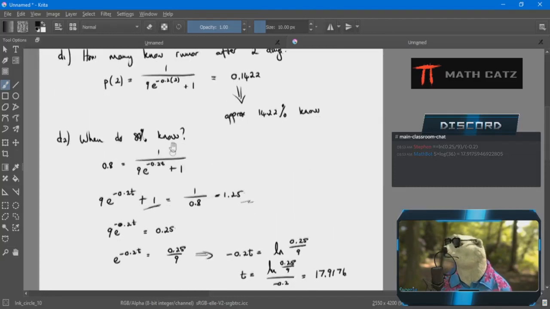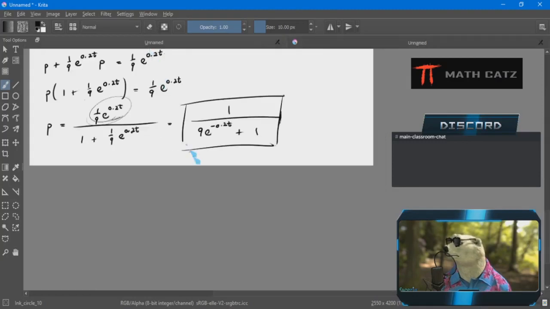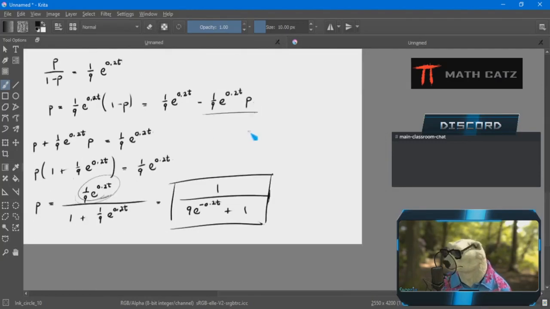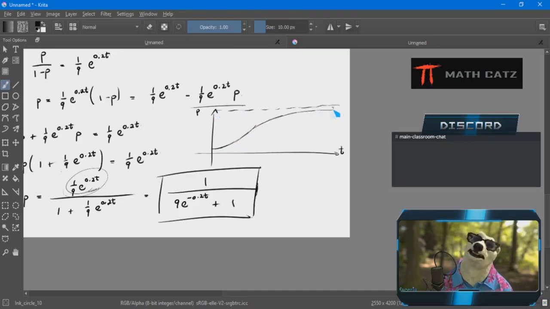We have our function somewhere over here. There's a function describing how this changes. As time changes, my population grows exponentially, and then it turns to the capacity of 100%, or 1. So best of both worlds, which is exactly what I wanted to do.